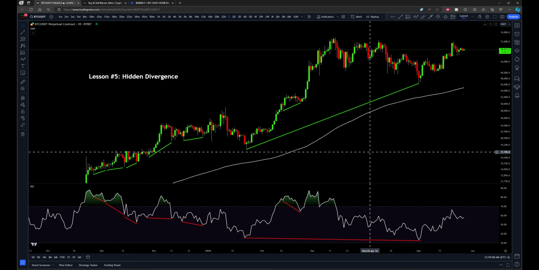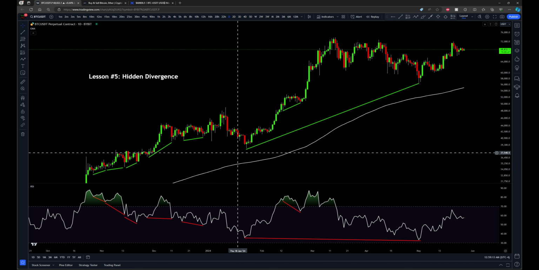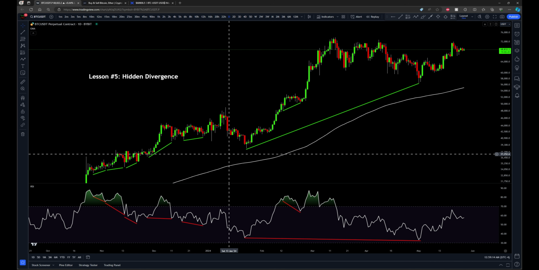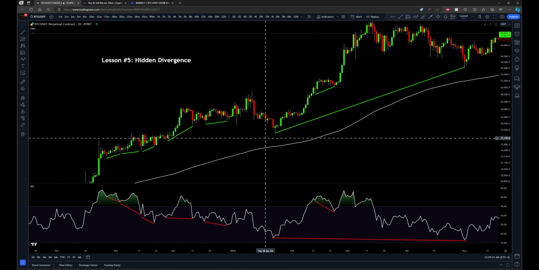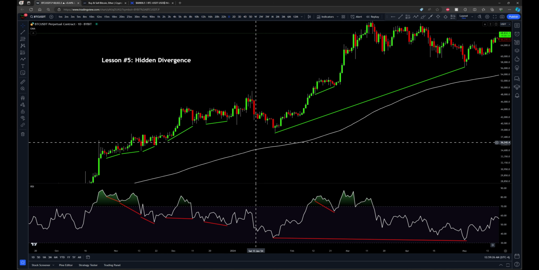Luckily, on my chart here, I have marked in a handful of hidden bullish divergences. And as I said earlier, this is a trend continuation signal. So what do we notice? This is an uptrend, so we're looking for hidden bullish divergence.